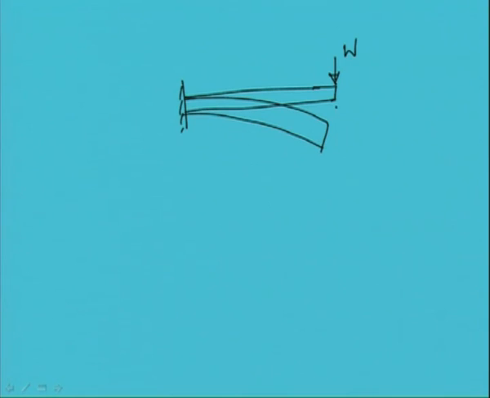So, let us have a cantilever beam with a concentrated load of W. Now, what will be the maximum deflection? Deflection will happen like this, and this will be the deflection delta.